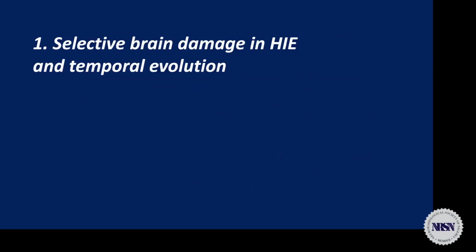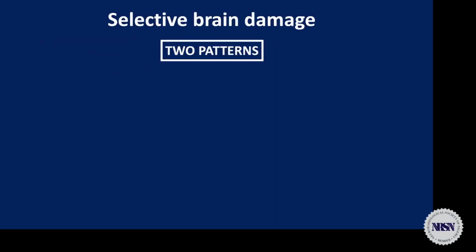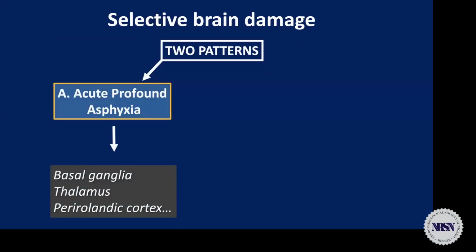So what kind of damage can we encounter in HIE, and what is the temporal evolution? We have basically two patterns in HIE. What we can call the acute profound asphyxia that leads to a selective damage of some part of the brain, namely basal ganglia, thalamus, some part of the cortex, perirolandic cortex, auditory cortex.